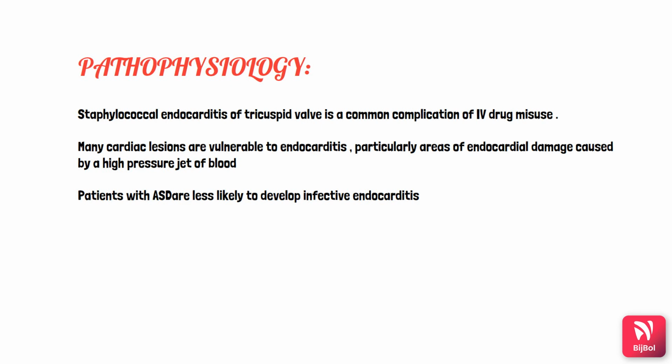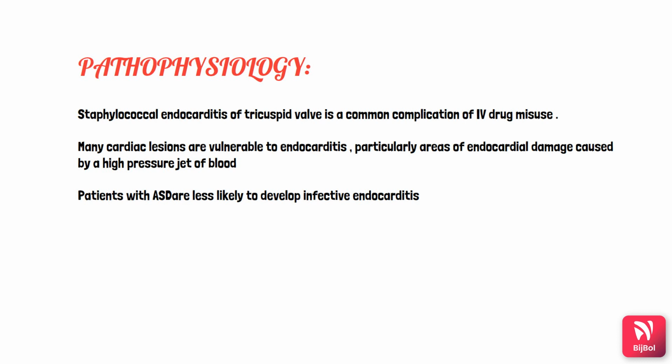In that force, the blood hits the septum and causes abrasion in that area. Because of that abrasion, platelets and fibrin deposit in that area. These platelets and fibrin serve as an adhesion site for bacteria, which will later form vegetations and lead to infective endocarditis.